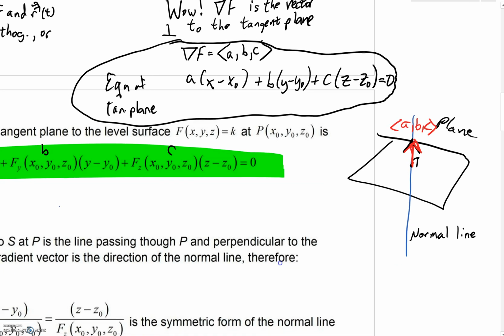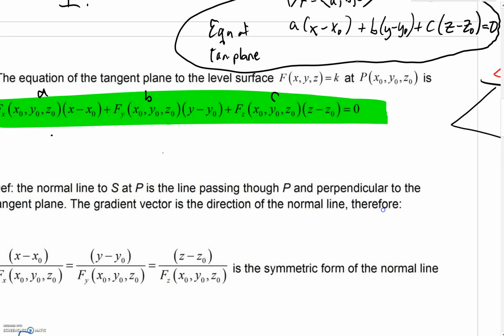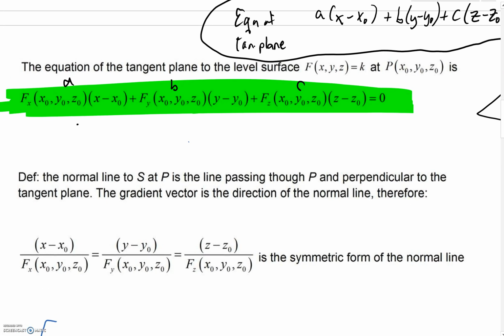So let's just review just a bit from the previous couple chapters too. We knew that for an equation of a line in 3D, well, we always had x equals x naught plus at. You know what? I'm going to raise that up just a little bit because we're going to have to do a little bit of work here.